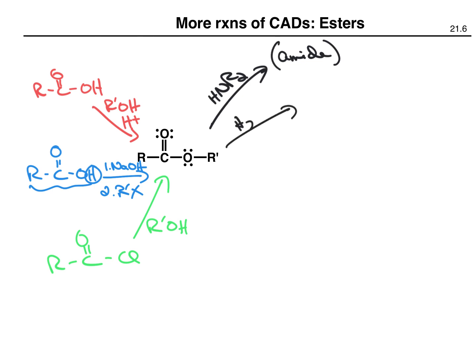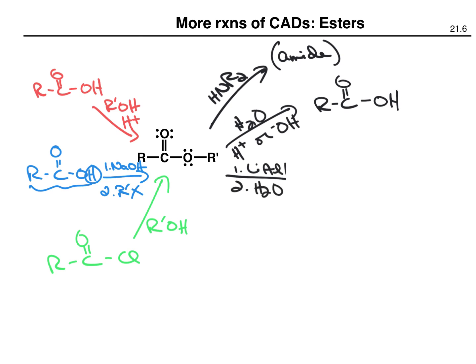They can be hydrolyzed under acidic conditions or basic conditions to give a carboxylic acid. They can be reduced using lithium aluminum hydride followed by water, and they would be reduced to a primary alcohol and your other alcohol as well.